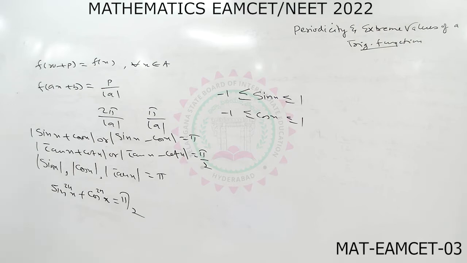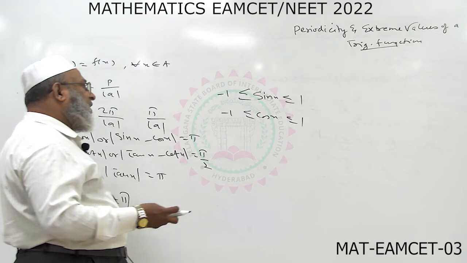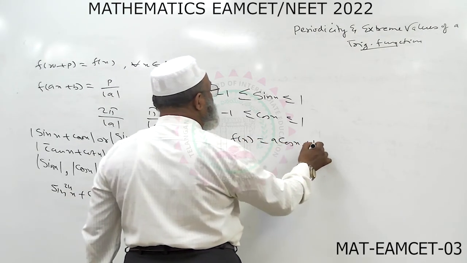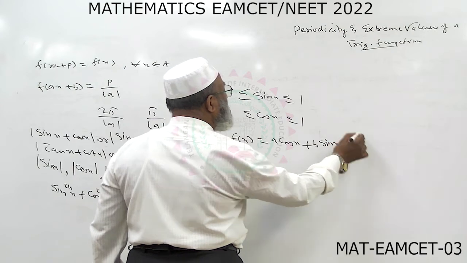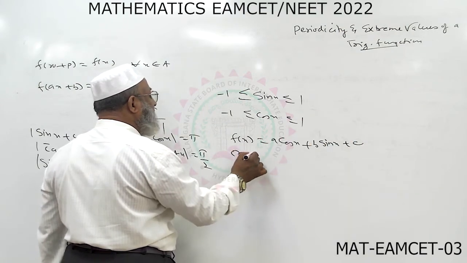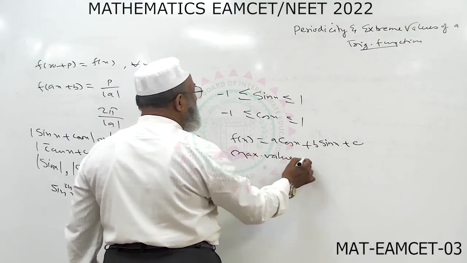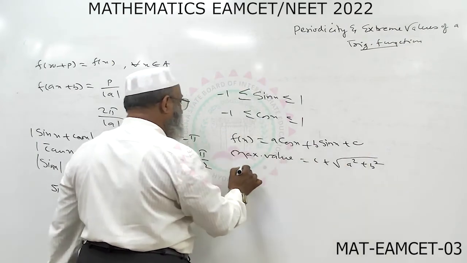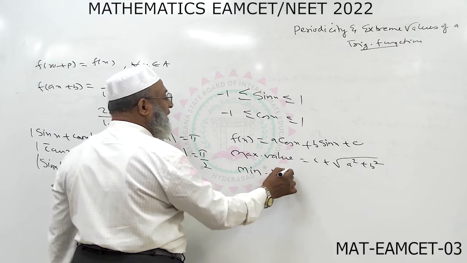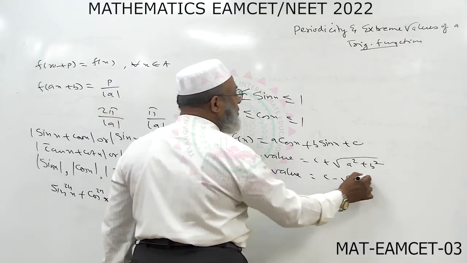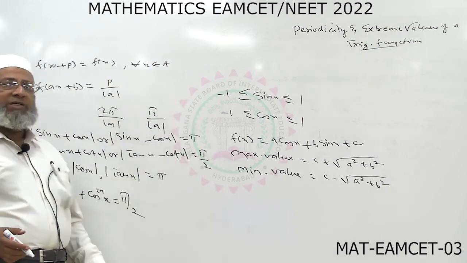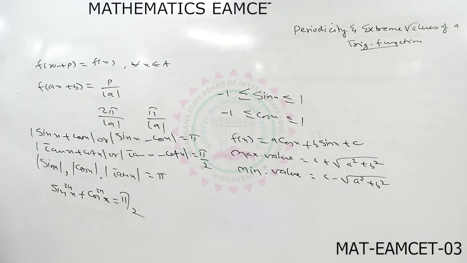Suppose the function is of the form f of x equal to a cos x plus b sin x plus c, then the maximum value is c plus root of a square plus b square, and the minimum value is c minus root of a square plus b square. So the range is minimum value comma maximum value, right?